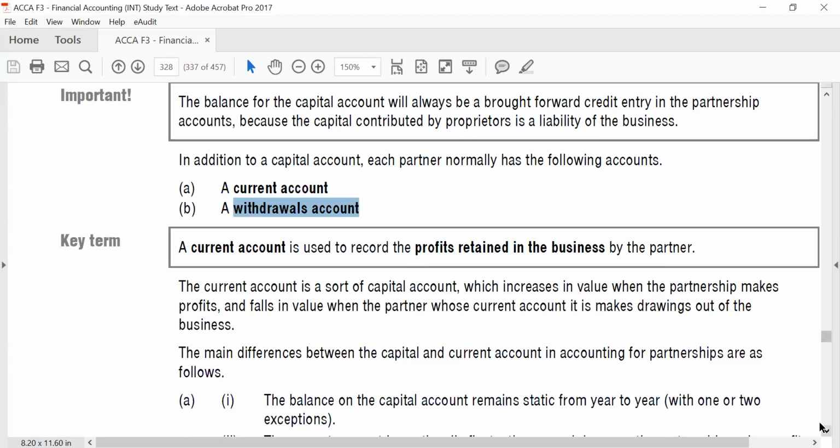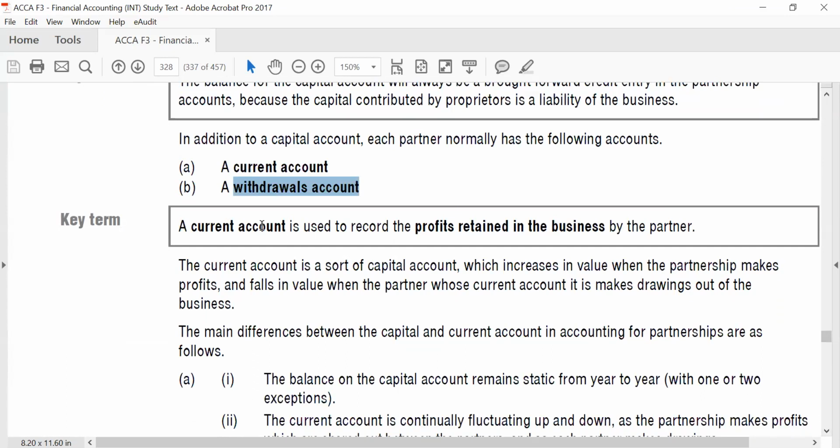But for now, let's take it that a current account, as the text says here, records profit retained in the business by the partner. We shall also see that it records even more other items. Now, a current account just behaves like a capital account. Current accounts also have a normal credit balance. So it is sort of a capital account as the text brings it, okay? We are going to see how that works.